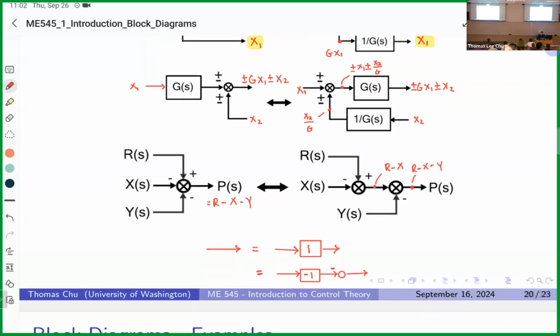Just a lot of different ways of manipulating this. Or I could also do this as well. I can overcomplicate a signal. It's equal to, maybe make this a little longer.